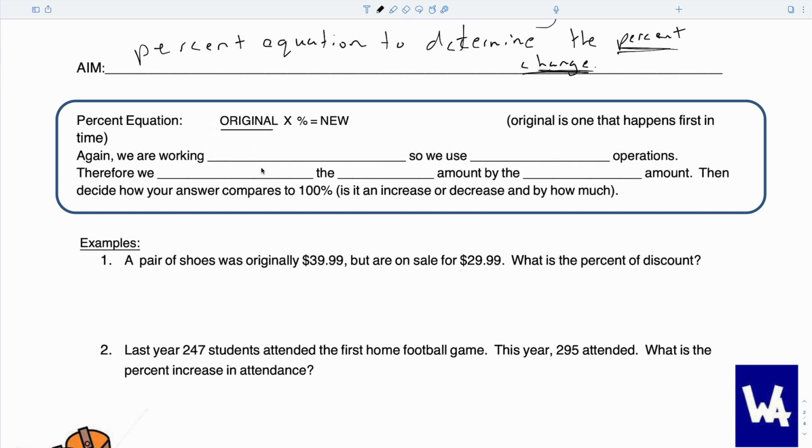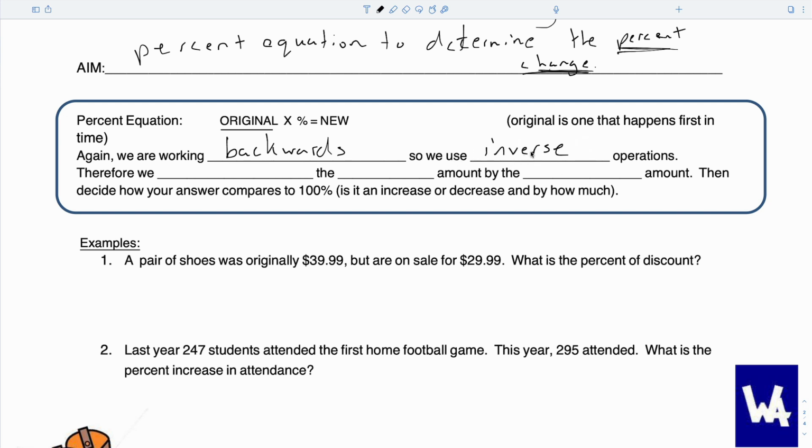Notice that. So with that in mind, again, we are working backwards. Board to paper, row 4. So we use inverse operations. Inverse means what again? It's backwards or opposite.